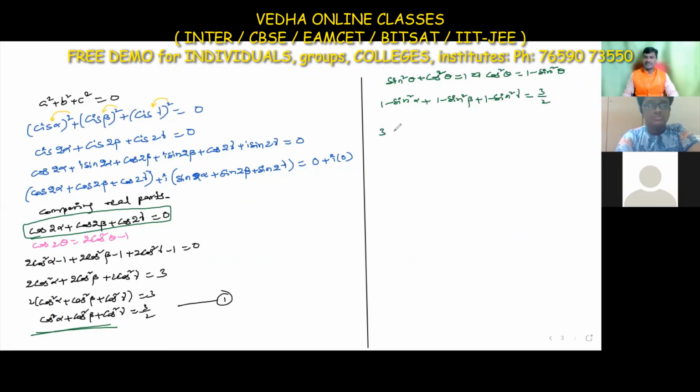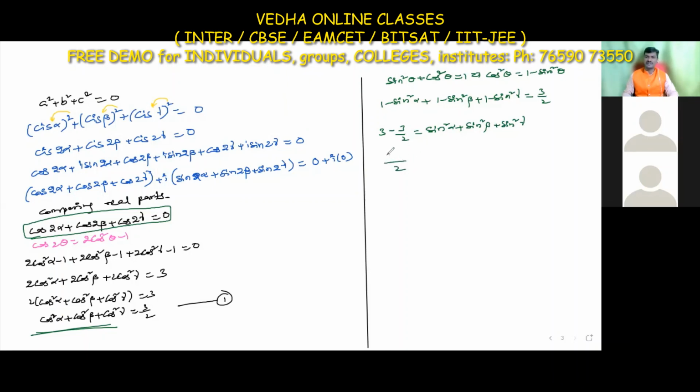Sending minus sine square beta and minus sine square gamma to that side and 3 by 2 to this side, we get minus 3 by 2 is equal to minus 3 plus sine square alpha plus sine square beta plus sine square gamma. Taking LCM 2, 6 minus 3 is 3 by 2. This is the value of sine square alpha plus sine square beta plus sine square gamma.